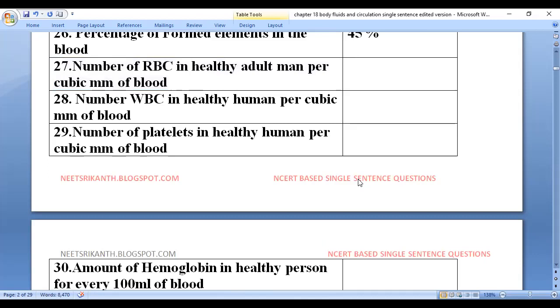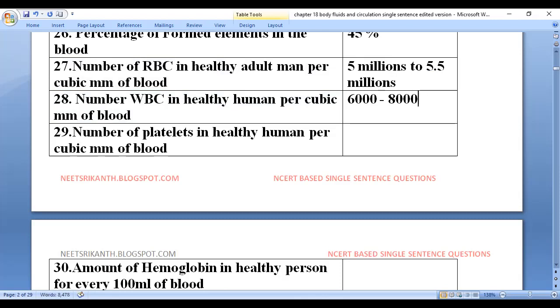Number of RBC in a healthy adult man per cubic millimeter of blood, 5 million to 5.5 million. Number of WBC in a healthy human per cubic millimeter of blood, 6,000 to 8,000.